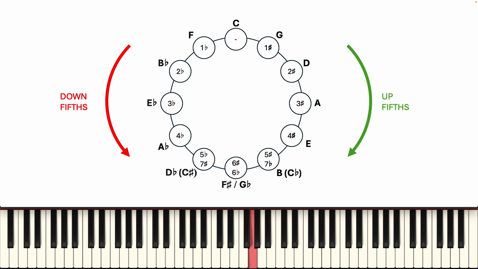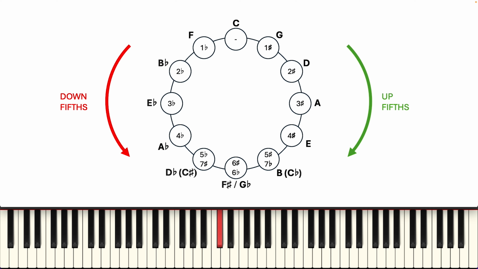And then here we notice that we added 1 sharp. So then to D, that's 2 sharps. Then to A, then to E, 4 sharps.